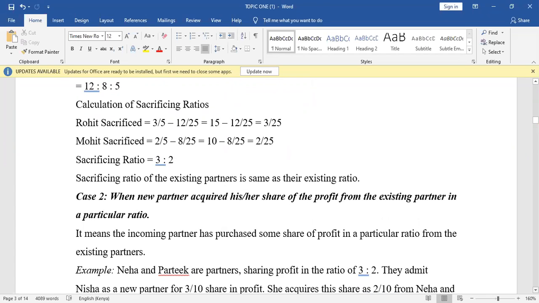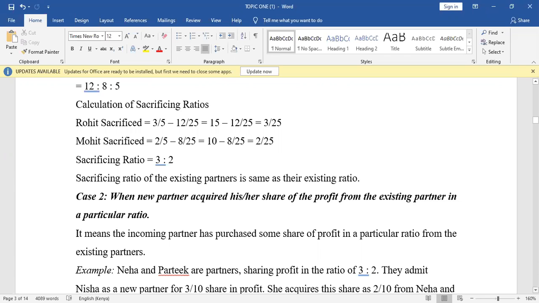Now, sometimes you may get that the new partner will acquire his or her share of profit from the existing partner in a particular ratio. That's what we mean. You need to buy that ratio from the old partners to be part of your share.